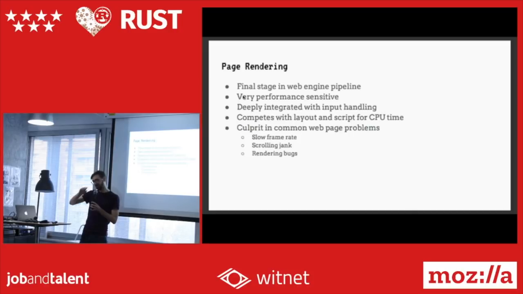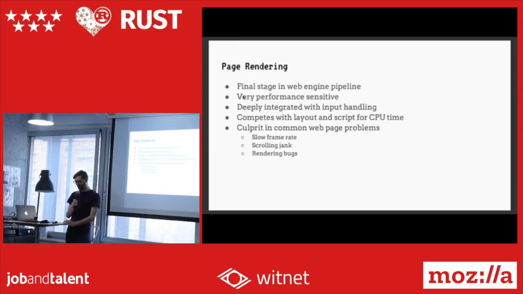So if you miss that frame, it starts to look really bad, and we're really good at seeing when those don't match up, which means that page rendering is on that critical path to a really good experience.